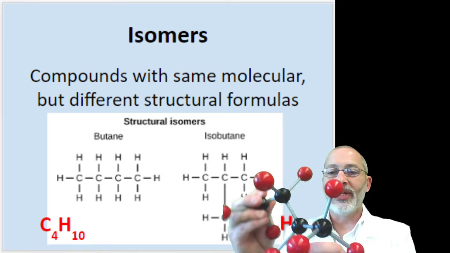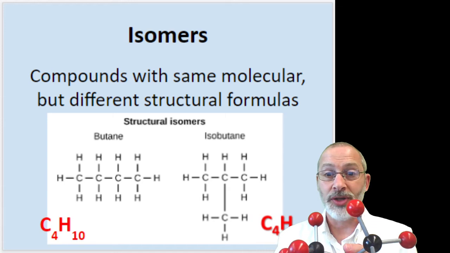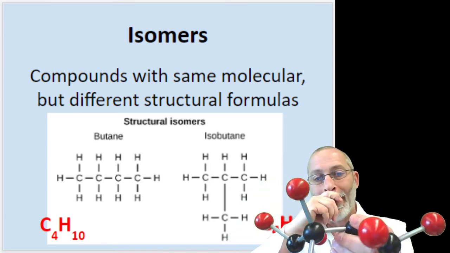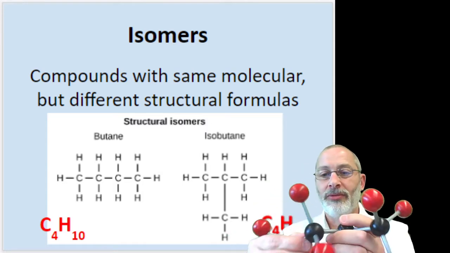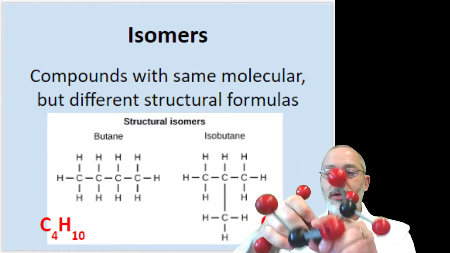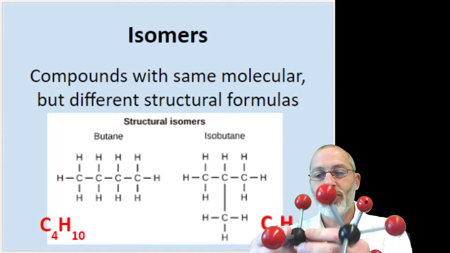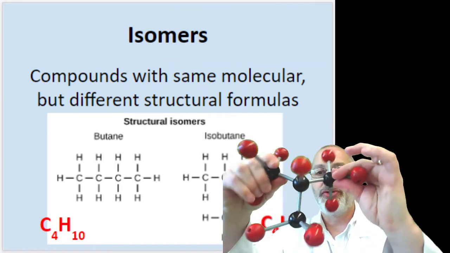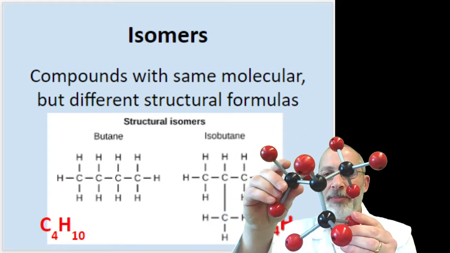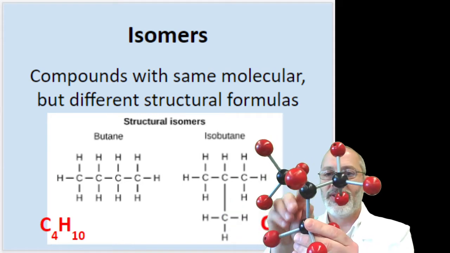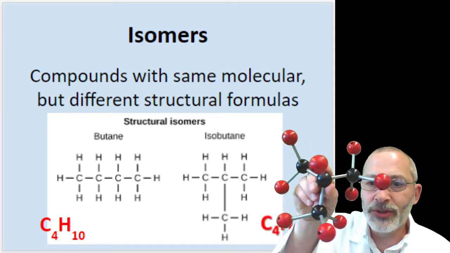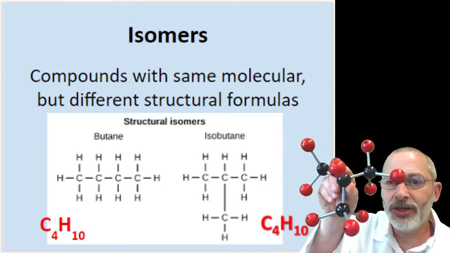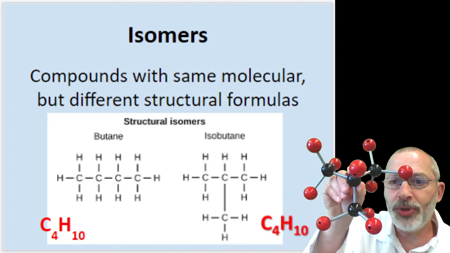But if I build this a little bit differently, in other words, what could I do? I could remove the bond here and remove this one from here and structure this differently so that we've got our 3 carbons up top and a carbon coming down from the center here. Check out this model. This is what the structural formula here is showing. This is isobutane.